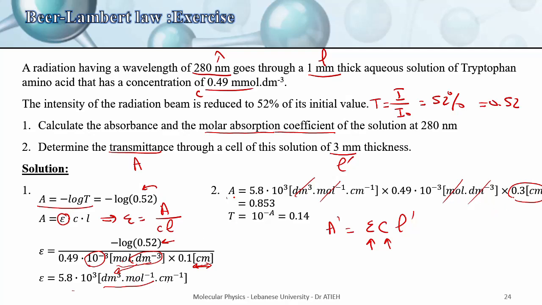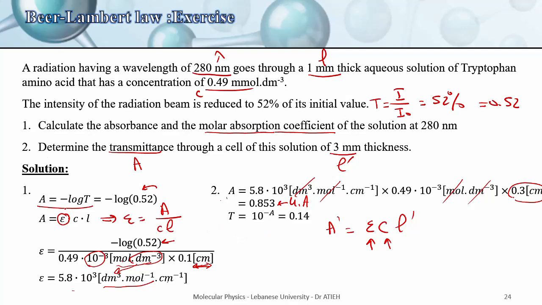Multiply all of this together, you will get the absorbance, and remember that the absorbance has no units, or we can put it in unit absorbance. And at last, we want to find the transmittance. A simple relation between the transmittance and the absorbance is T equals 10 to the power minus A. Where does this come from?